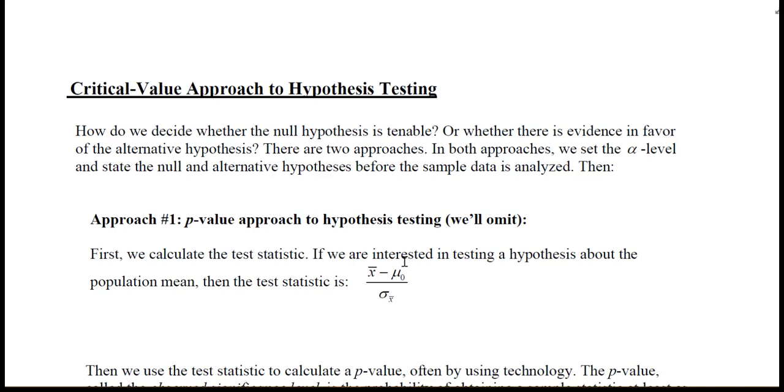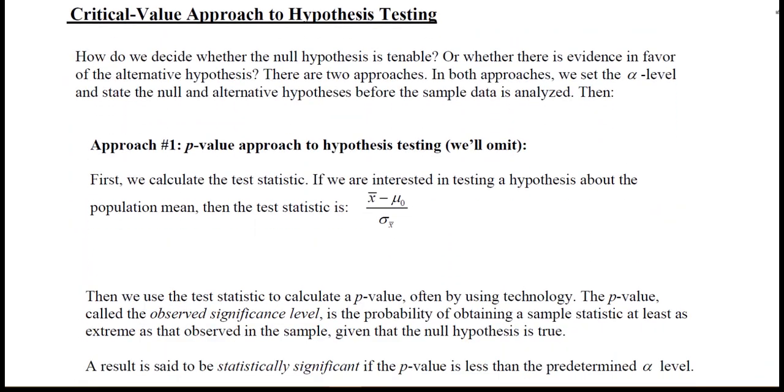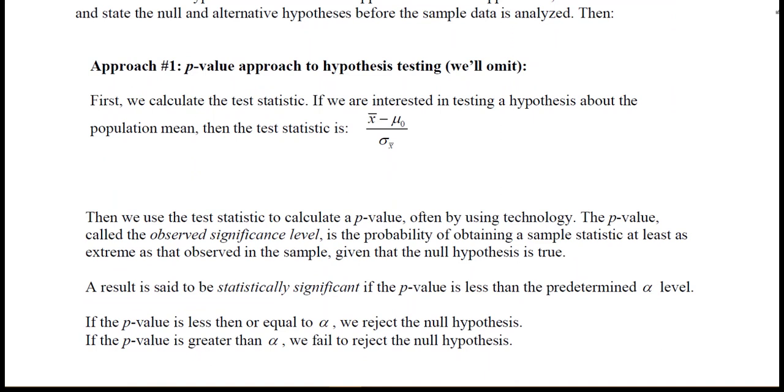The x bar minus the benchmark, and we're going to divide by the standard error. And in fact, that is pretty much what we do all the time in all sorts of hypothesis tests, not just for the mean.